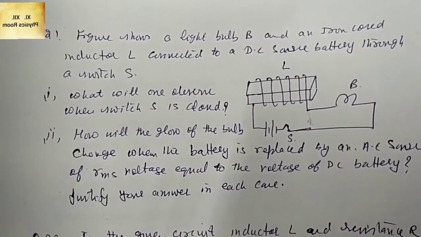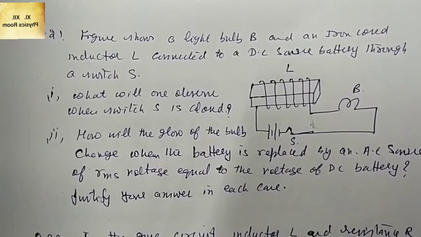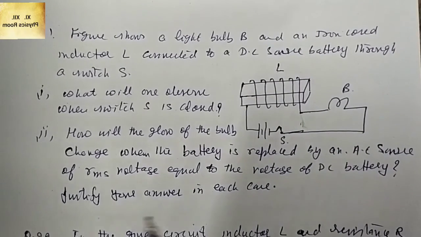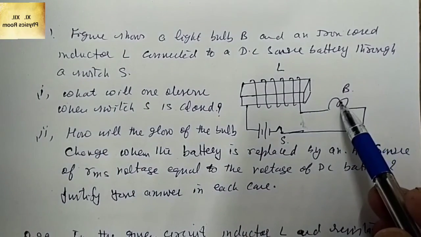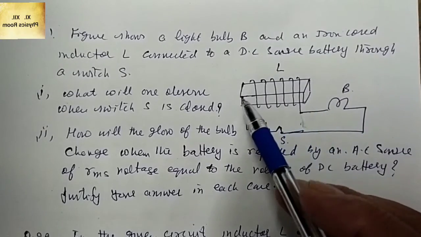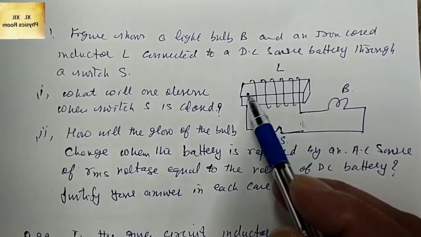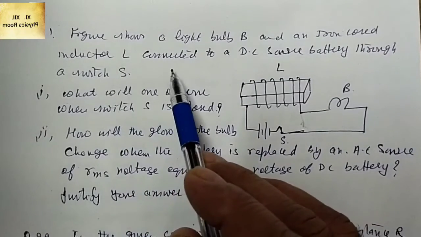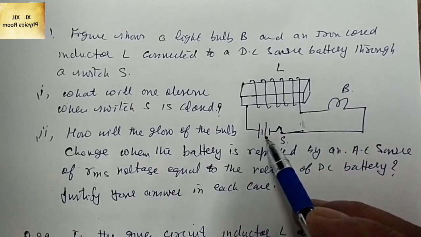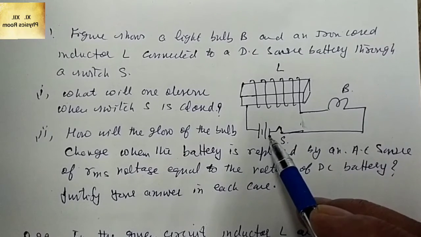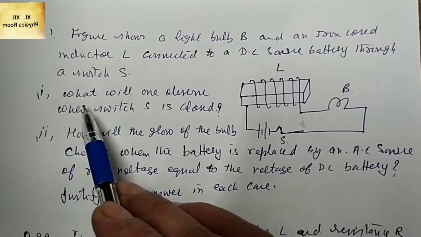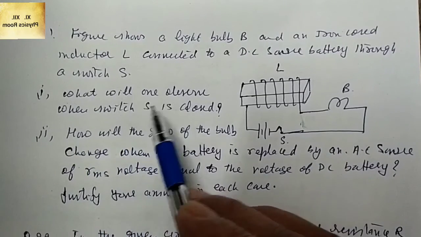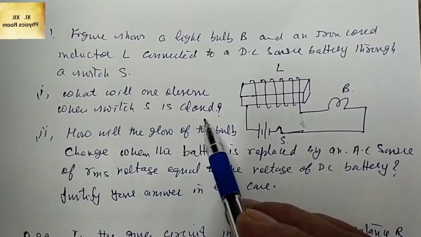Now, question number 21. Figure shows a light bulb B and an iron core inductor L. This is L, this is the iron core inside it, connected to a DC source battery through a switch S. Now, first part, what will one observe when switch S is closed?